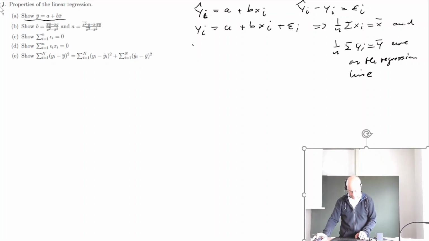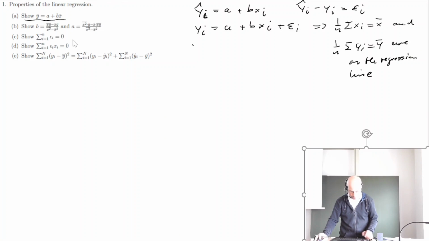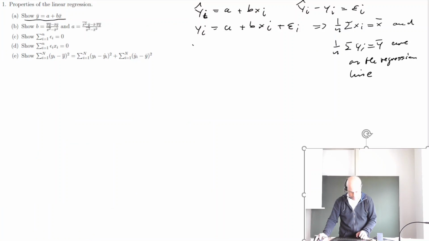And for this, I just look it up so that I can show the first order conditions for you directly. This should be somewhere here.